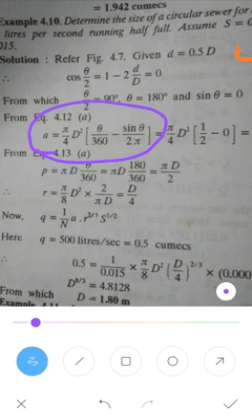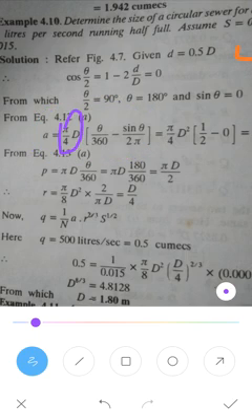Here, the diameter we don't know, you keep it as it is. Theta by 360 is there.